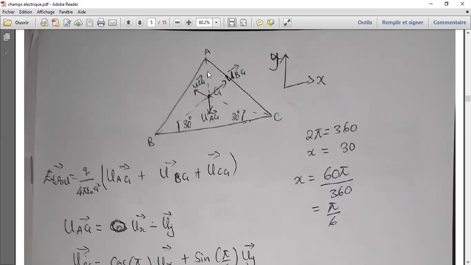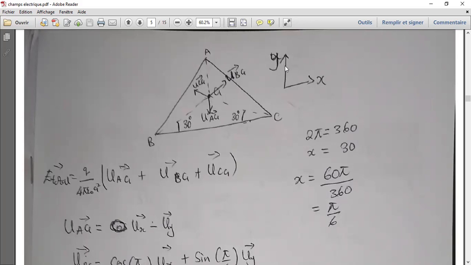So your vector UAG is this line here. It's like you have your XY, there's a straight line. This is the line AG. So when you see this line AG, is it making an angle? It's not making an angle.